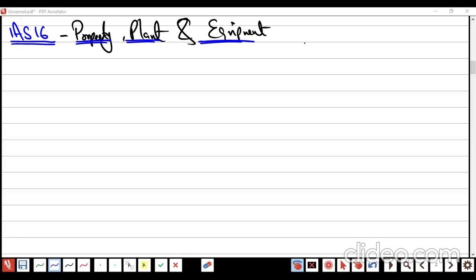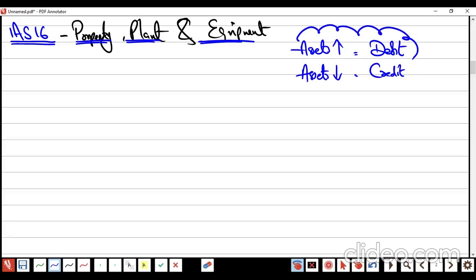Now we know one rule from our childhood, that assets increase on the debit side, right? And assets decrease on the credit side.